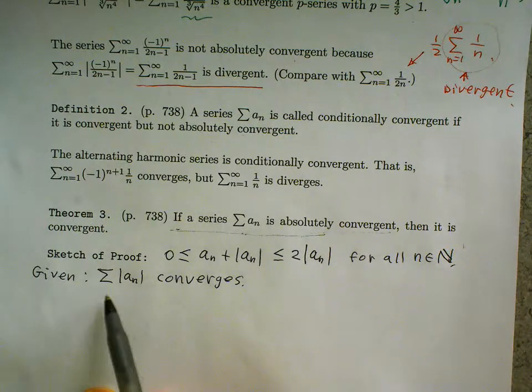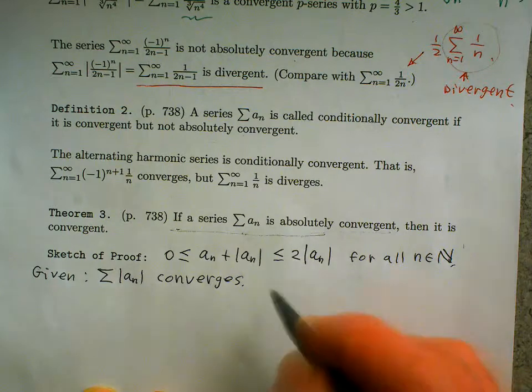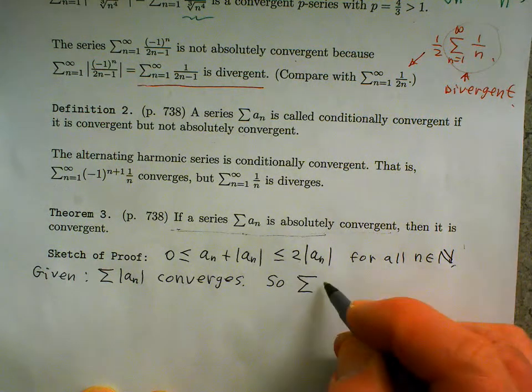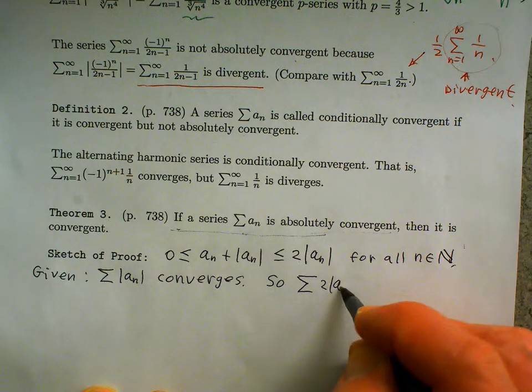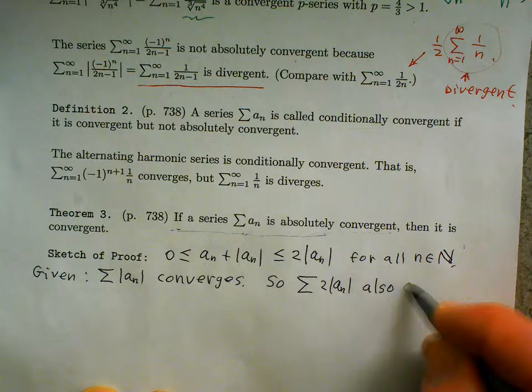If we have a convergent series and then multiply every term by 2, it's still convergent. So the series where we have 2 times the absolute value of a sub n also converges.